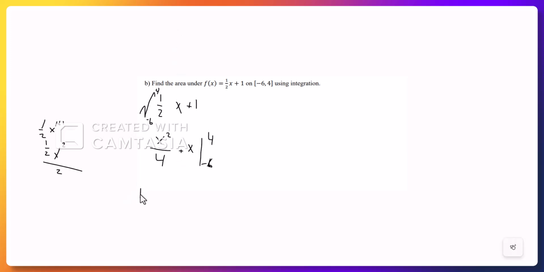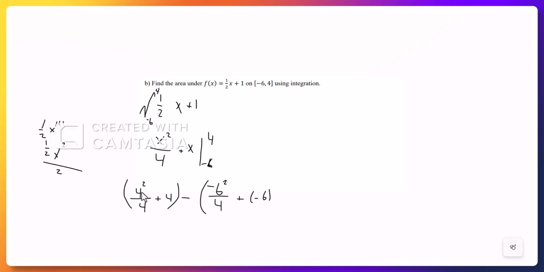So we're going to have 4 squared divided by 4 plus 4, minus, because we're finding the total area, we're going to subtract it by -6 squared over 4 plus -6.